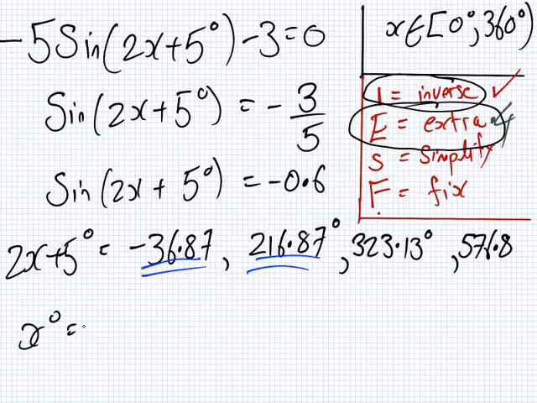I'll take away 5 and divide it by 2 for each answer. So the first one is minus 36.87 minus 5 divided by 2, and that would be minus 20.94. The second one, 105.94.